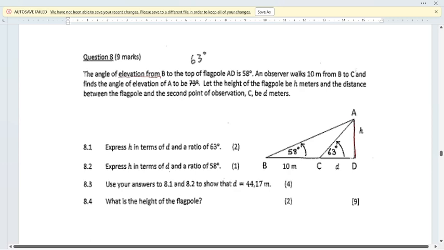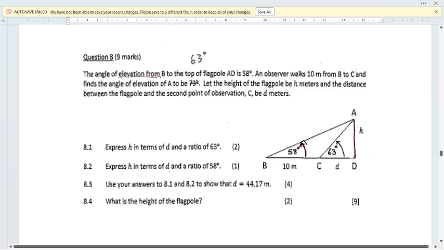Now, they say angle of elevation. This is the angle of elevation, the angle showing from the base to the increasing part. Now, they're saying that angle is 58 degrees.